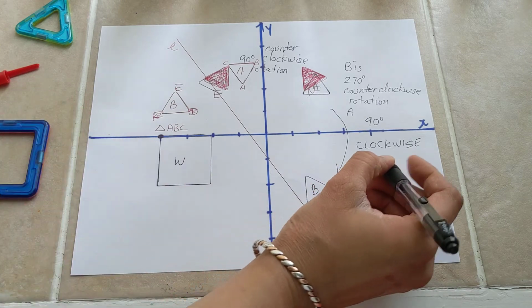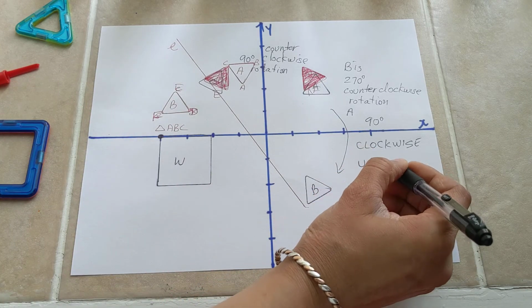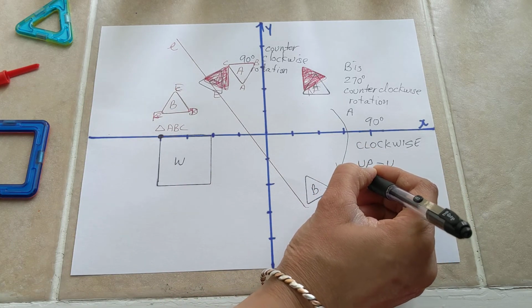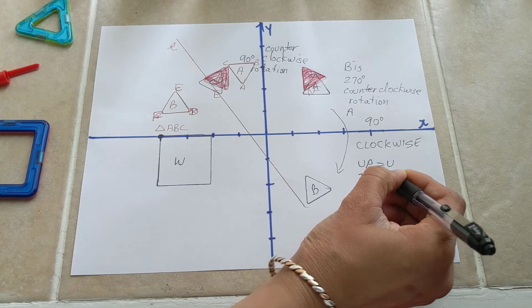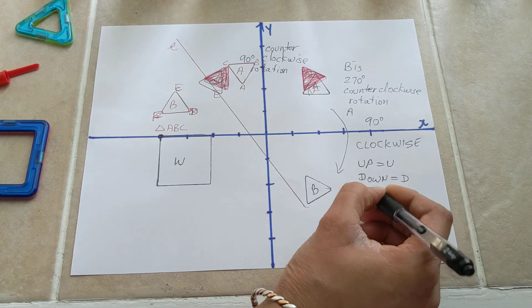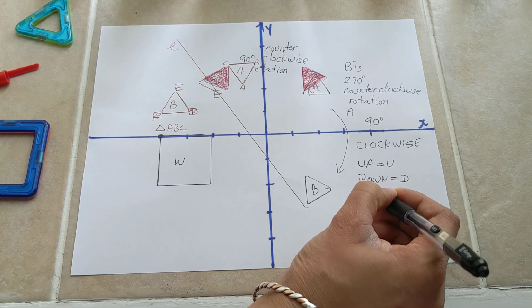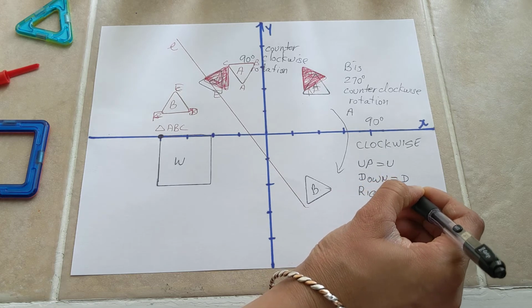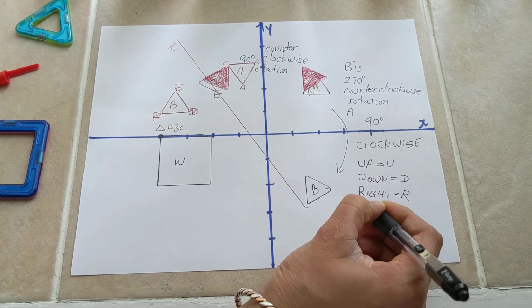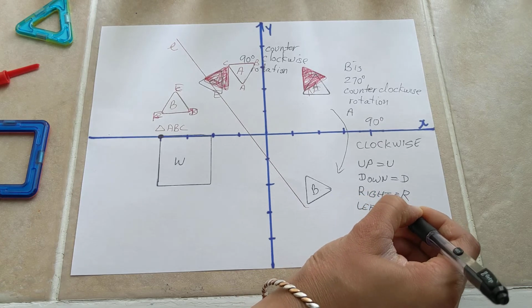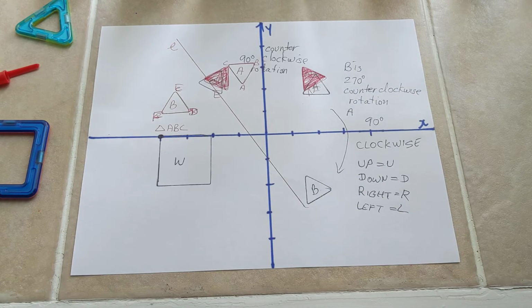You can write up, or you can write U. I'm completely okay with either. If you use down, you can write down, or you can write D. Same way, right, or you can use R, and for left, you use L. So I'm going to use U, D, R, and L.